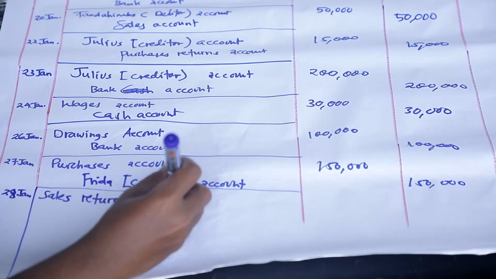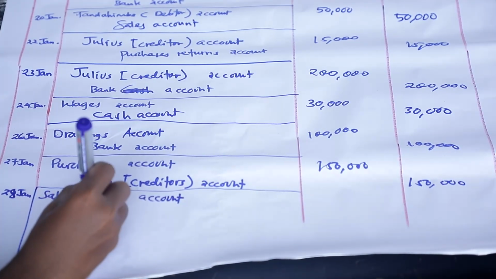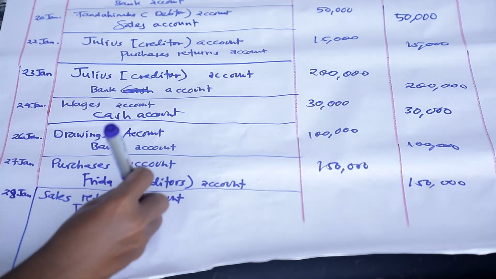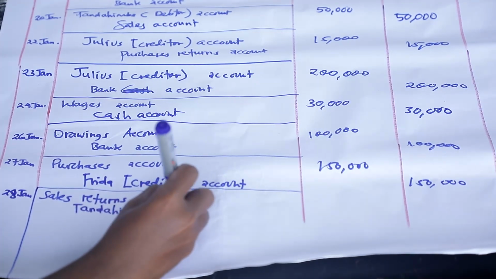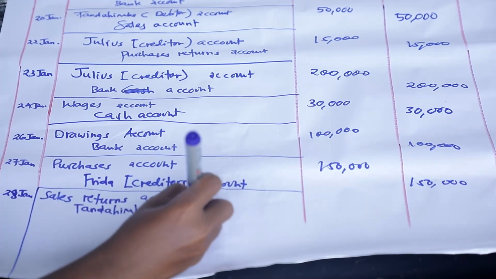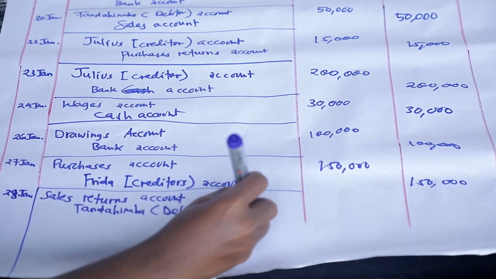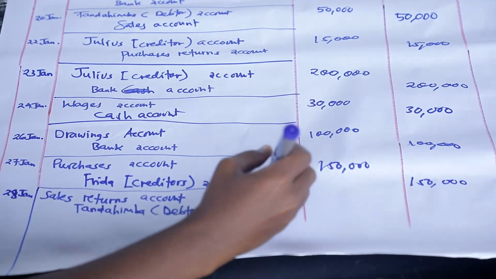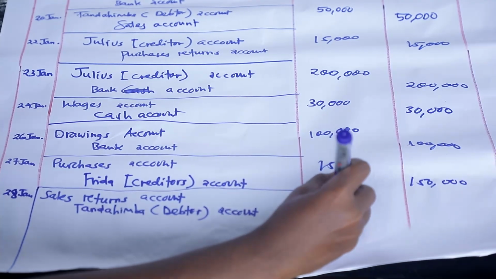Alafu tukaenda kumcredit Tandaimba maana debt amepungua. Tandaimba who is the debtor tutaenda kumcredit 5,000.